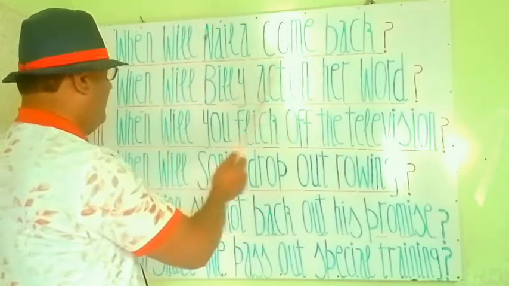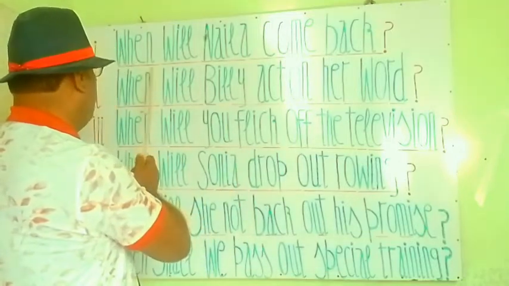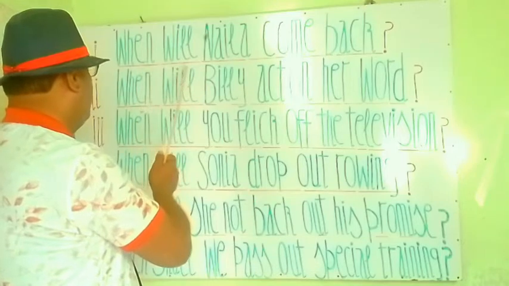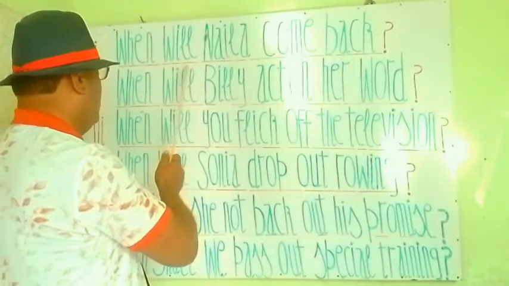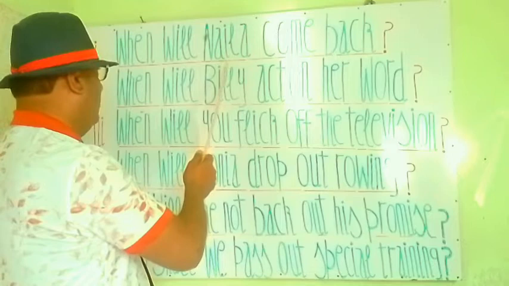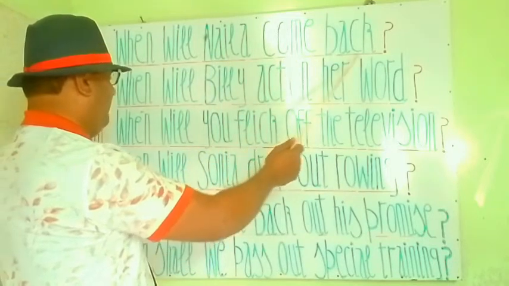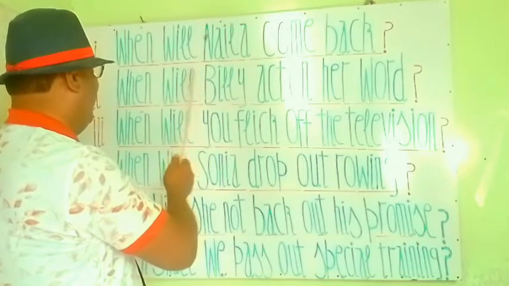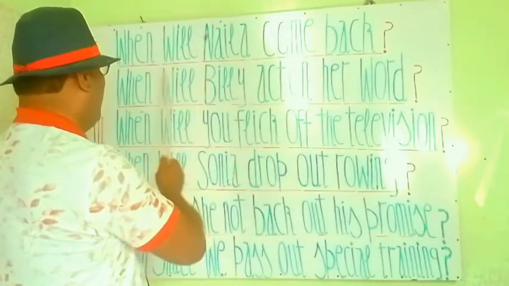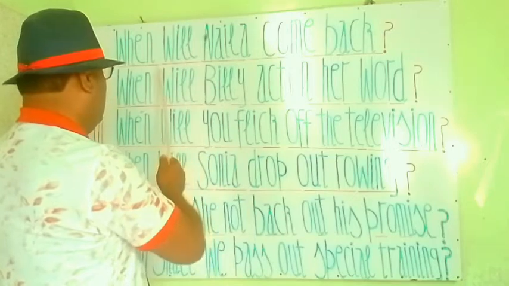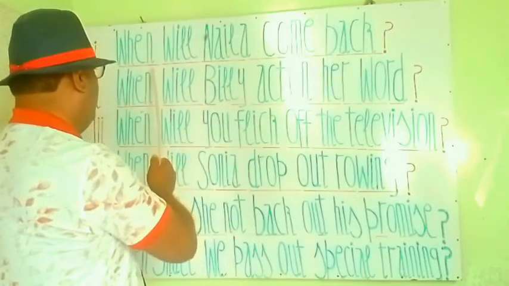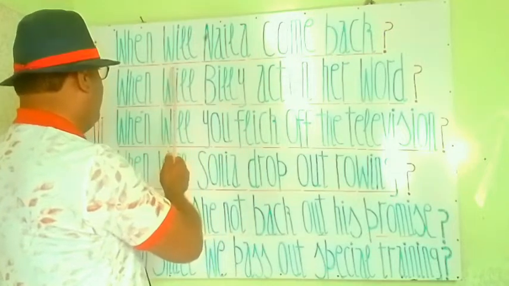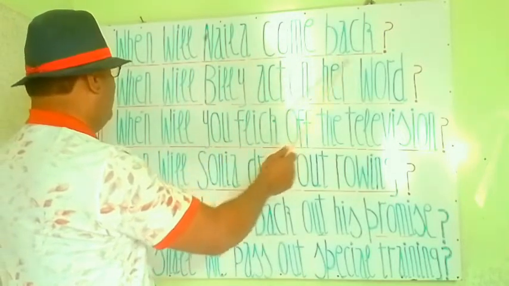You see, my students, when is used as an interrogative adjective and will is a helping verb and Nyla is a noun and come back is a phrasal verb. So this phrase is constructed with a when and a phrasal verb come back. And this indicates the future continuous tense. This denotes that it's a future continuous tense.